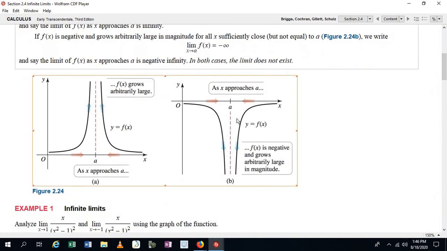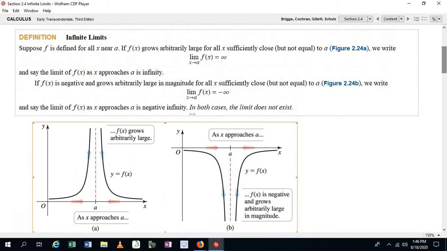Now, it could also be the case, let's say your graph of your function looked like this. As x gets closer to a, the y value just gets smaller and smaller. And that's true if you approach a from the right-hand side or the left-hand side in this example. So in this case, we would say the limit as x approaches a of f of x is negative infinity.